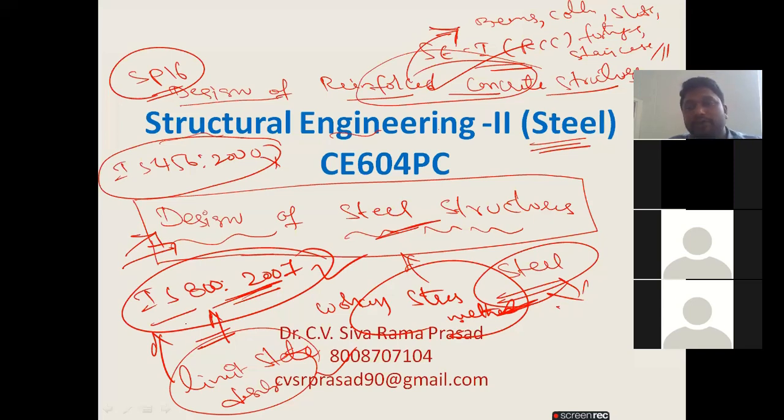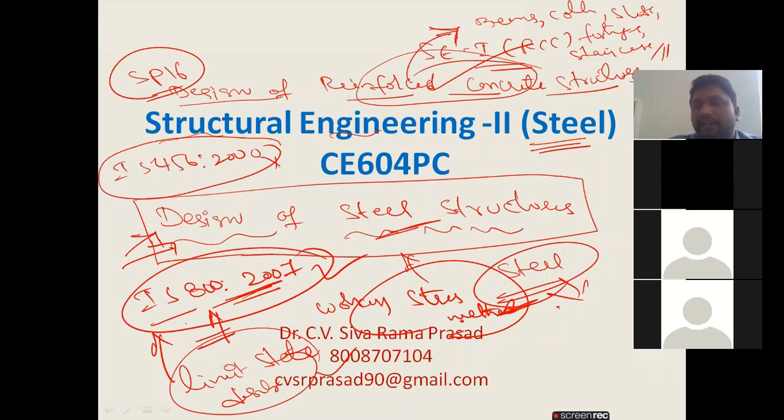But coming to steel structures, especially design of steel structures, we have different types of members, like Indian Standard medium beams. We have different types of steel sections, like rolled sections, I sections, angle sections, unequal angle sections, and equal angle sections. Anyway, I will explain in detail.